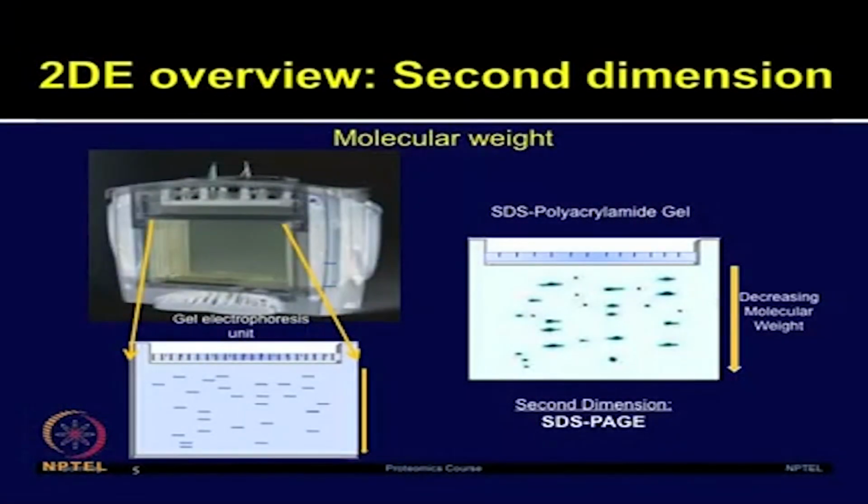After first dimension separation, if you remember, you need to do a treatment which is equilibration. You want to prepare your strips for the second dimension separation.